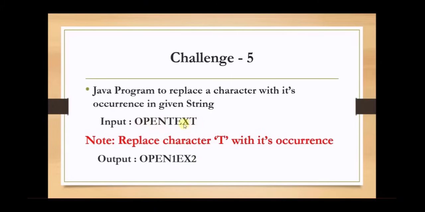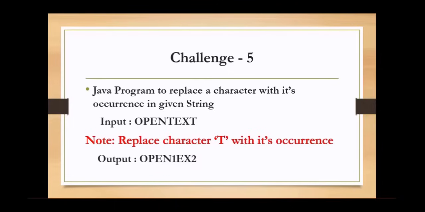T character I need to replace with its occurrence. Here T occurred one time and here T occurred a second time. So T should be replaced with 1 here and T should be replaced with 2 here. T occurred first time here, then T occurred second time here. So I hope you understand the requirement.